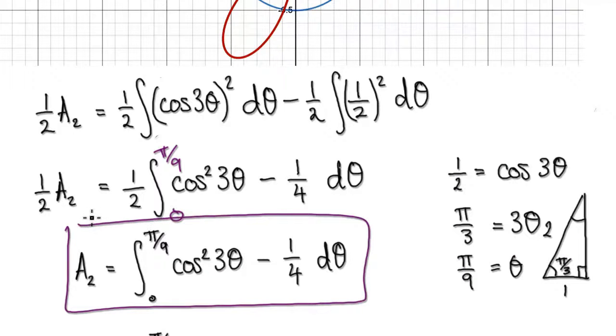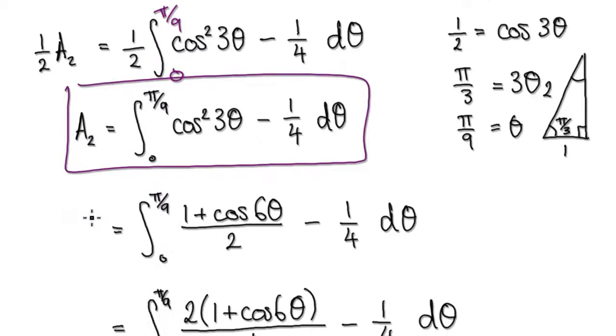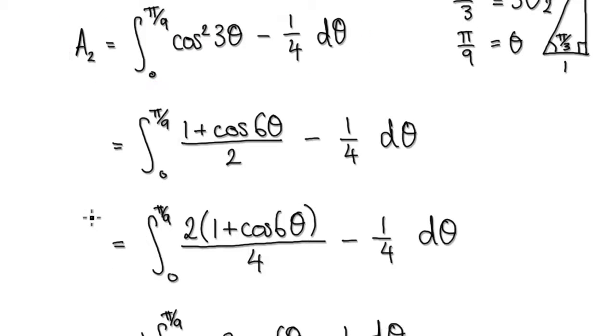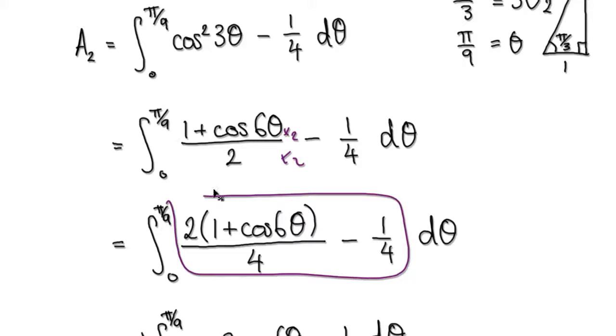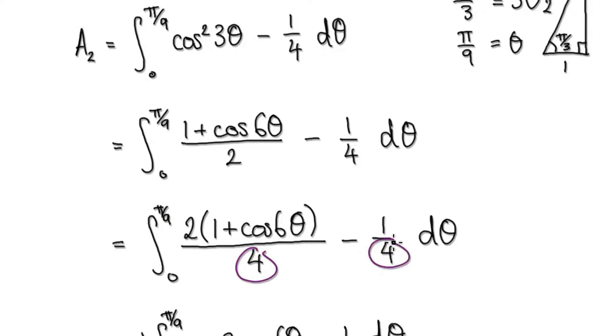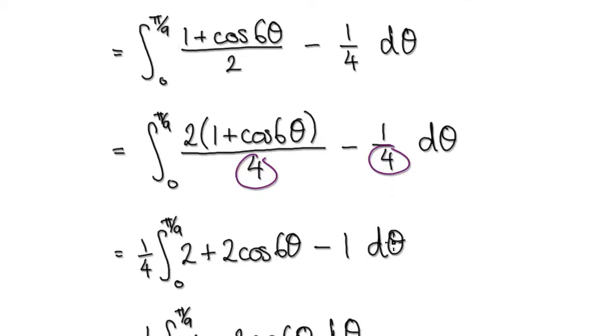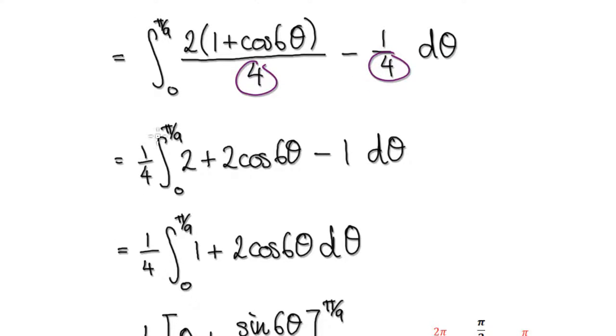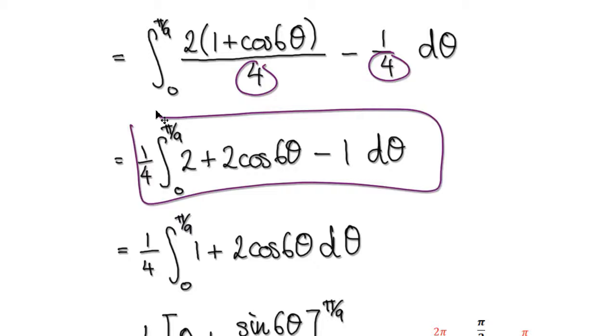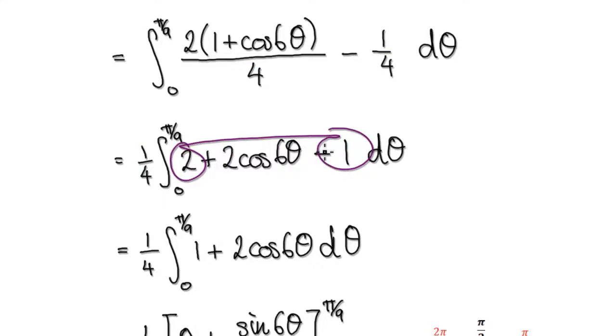So A2 is given by that, and then times top and bottom here by 2. That will then take us to here. Factor out the quarter, and then merge these two together. That will then give us 1.